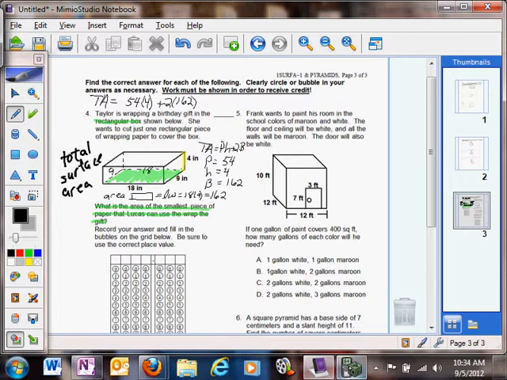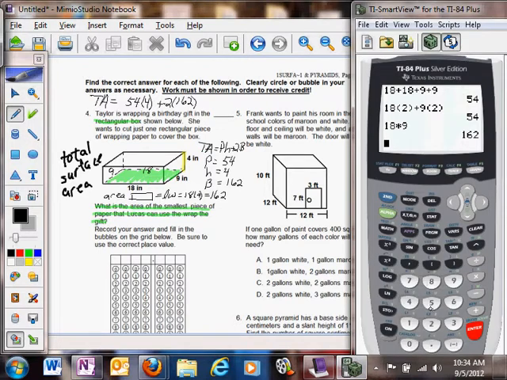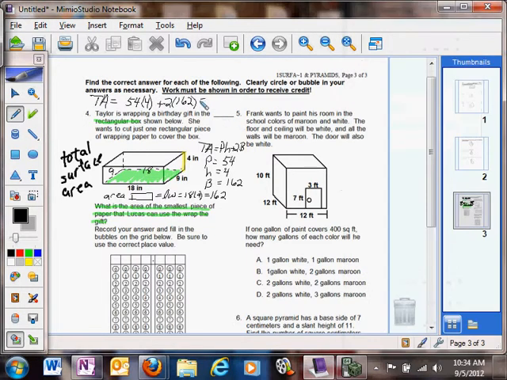And I can type all that into the calculator just like it is and record my answer. 54 times 4 plus 2 times 162, and I get 540 is my total area.